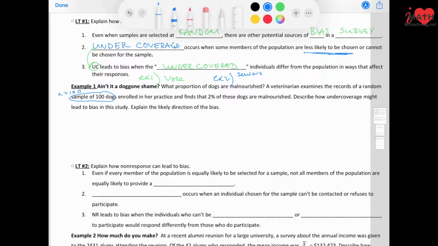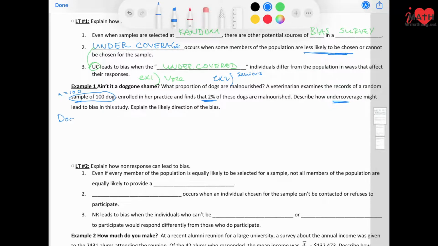Enrolled in her practice and finds that 2% of these dogs, so there is a proportion there, a parameter. Sorry, these are just a sample, so that's a statistic, right? Because it's only a sample of 100 dogs, so 2% of the dogs are malnourished. Describe how undercoverage might lead to bias in the study and explain the likely direction of the bias.